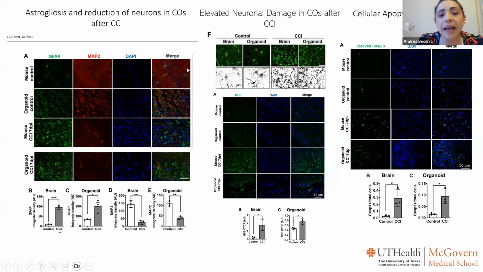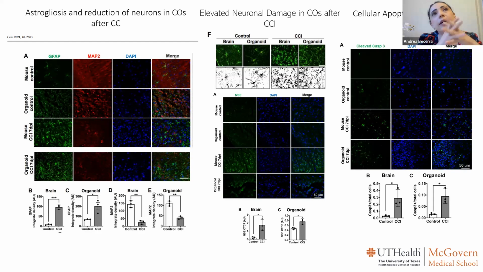Here we analyze that there is elevated neural damage in cerebral organoids after compression, very similar to the traumatic brain injury model, and using specific dyes to detect apoptosis and caspase-3, we also saw elevated reactivity of these markers, very similar to the mouse model.